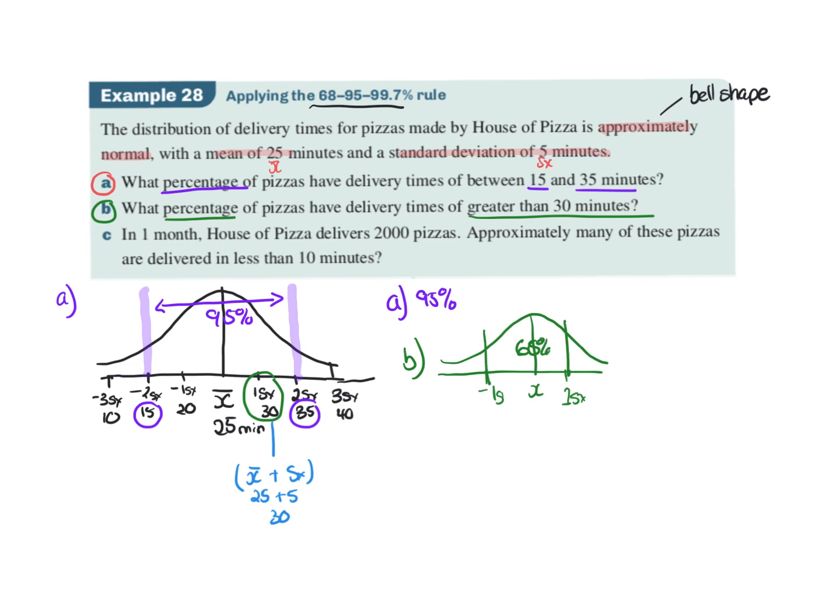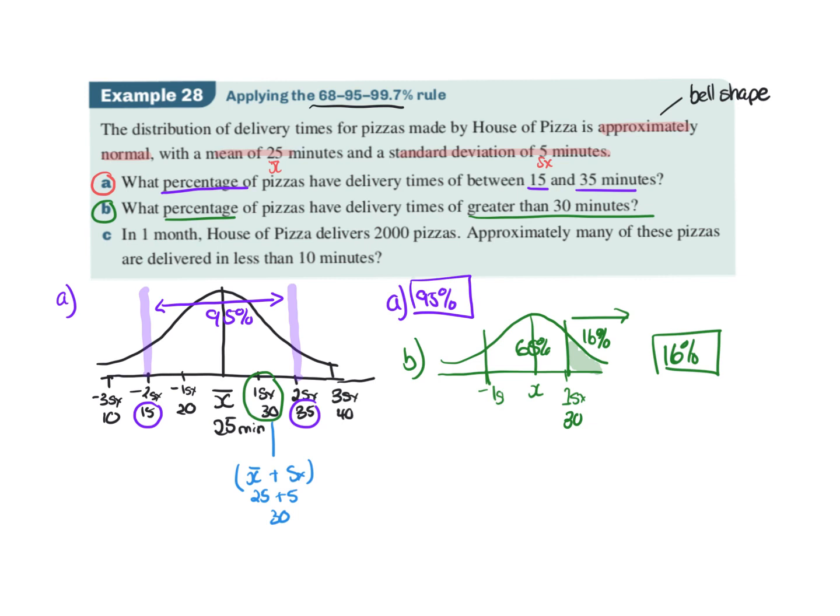But we said that this little pocket was 16% because we had 32 left over. When it says how much has a delivery time greater than 30 minutes, greater will be this way, so we'd say there's 16% that's greater. So that's the answer to B.